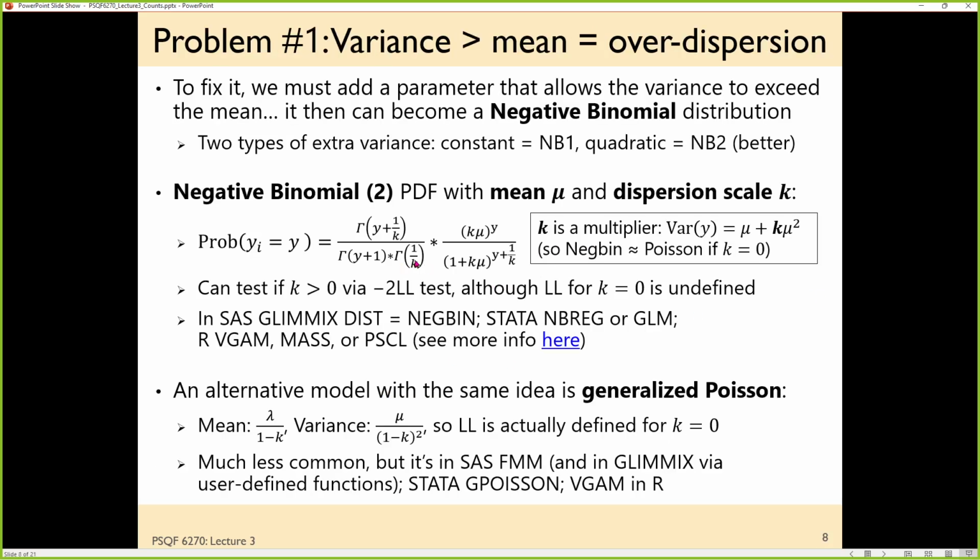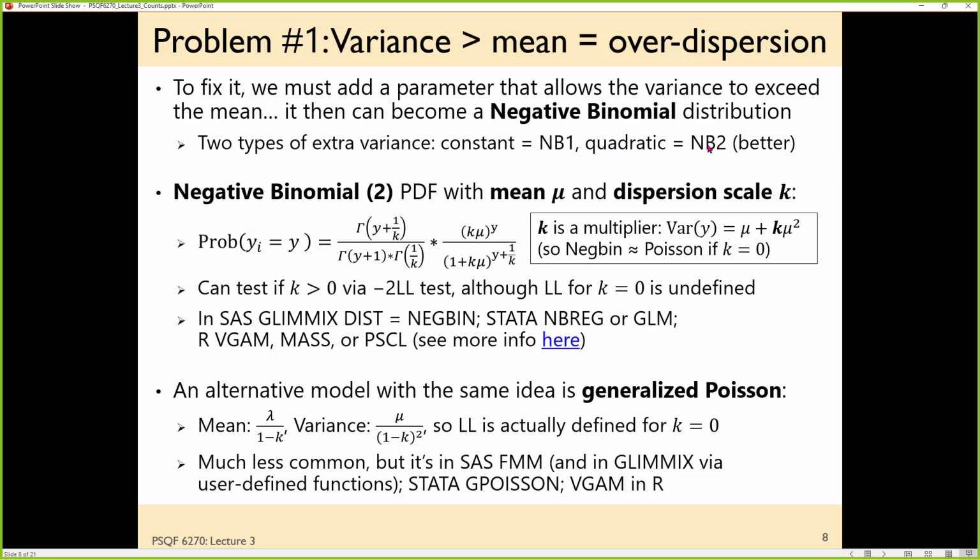So the first one here, over-dispersion. One way to fix it is to add a parameter to the Poisson that allows the variance to exceed the mean by some function. There's a bunch of different ways to do it. You can have a constant over-dispersion, and that has been shown not to work very well.